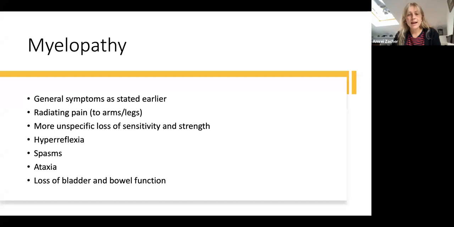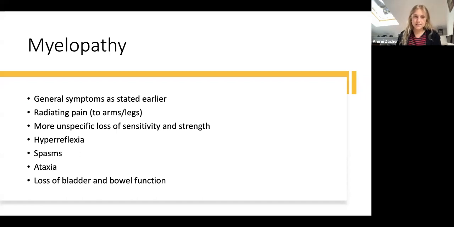You would also have a loss of sensitivity and strength, but that would be a little bit more unspecific than in radiculopathy. So it's not clearly limited to one dermatome, and it's not clearly just one muscle which is weak. In contrast to radiculopathy, you would also have a hyperreflexia and a form of spasms.